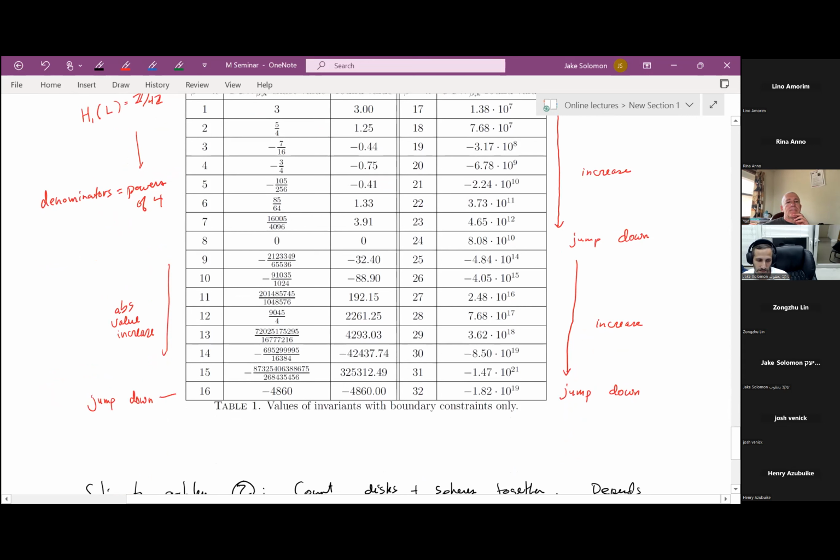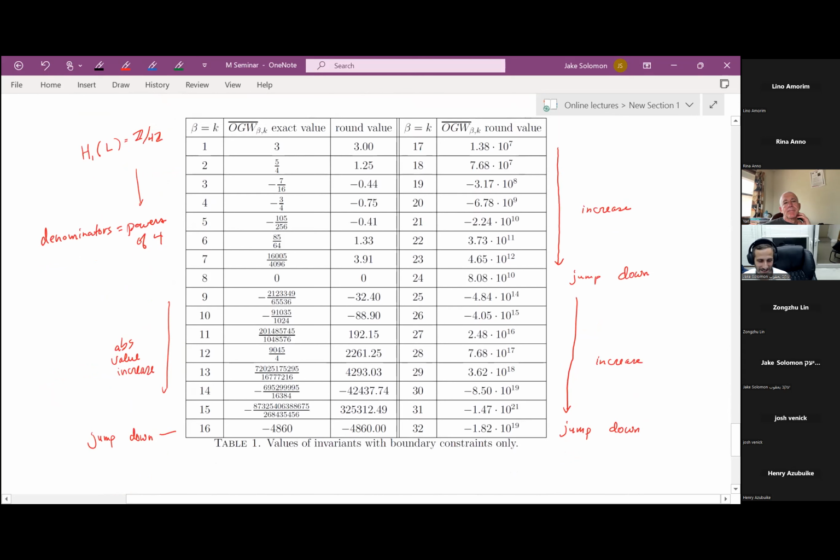Okay. And for the signs, is there any explanation? I have no idea. I'd be really happy if somebody had some way to explain that. I mean, in the case of RP^n, are they all positive?